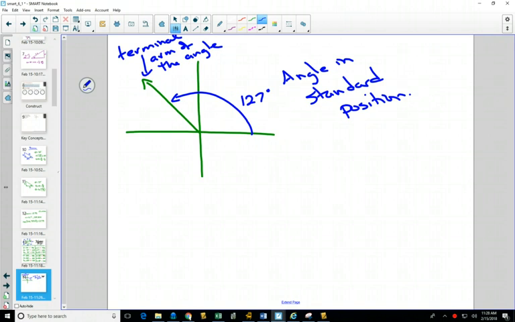For this angle right here, 53 degrees is your reference angle. Your reference angle is your positive angle to the nearest x-axis.